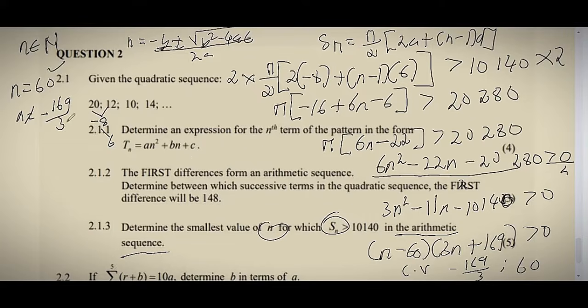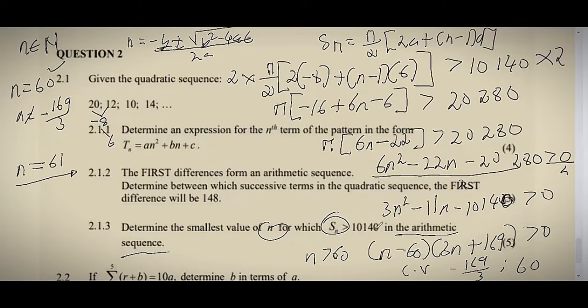So in order for it to be greater, we have to consider an integer that is greater than 60, right? Because as we can see here, this would be written as n greater than 60. What is that first integer whereby we have n greater than 60? The first integer that is greater than 60 is 61. So that means our n is equals to 61. So note with this one, because they said determine the smallest value of n for which Sn will be greater than, right?